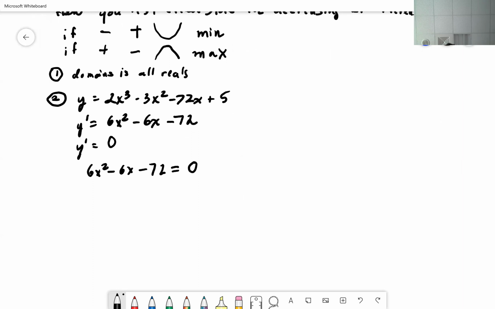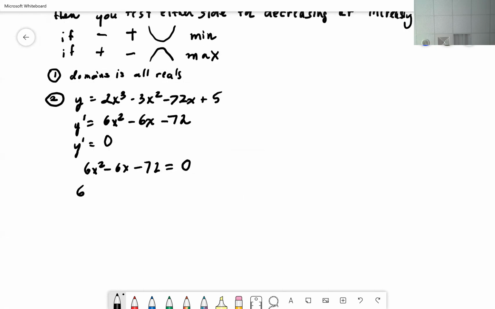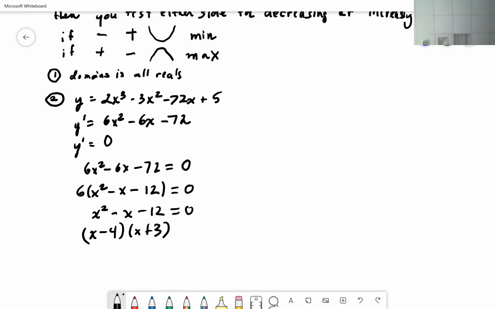I have a feeling that this is factorable, but I'm not sure. Let's give it a shot. 6x squared minus 6x minus 72. I can divide both sides by 6, giving x squared minus x minus 12. And you can clearly see it's x minus 4 times x plus 3. Let me scroll that up a bit for you guys.